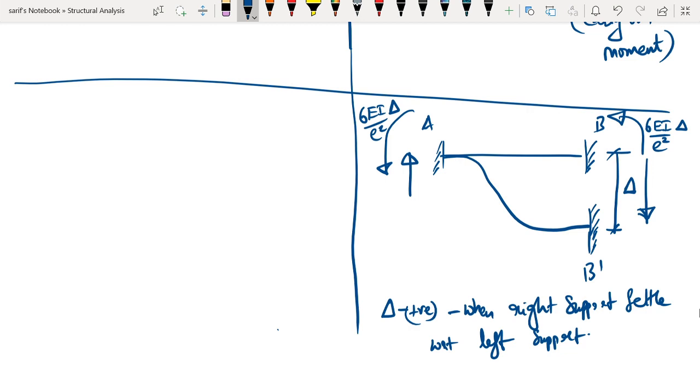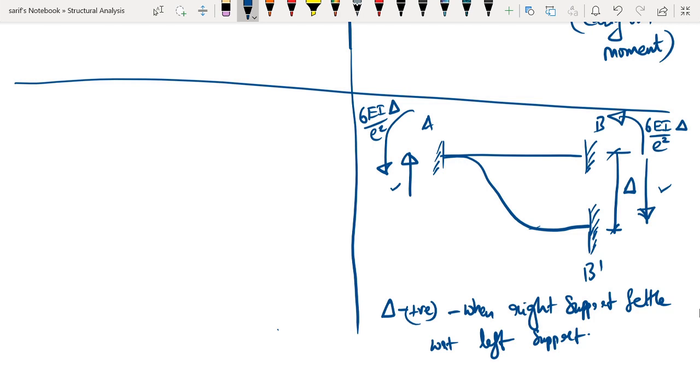So these are the different cases that we have to understand to do the derivation of the slope deflection equation. So once again, here what we considered is a beam in which the right support has settled with respect to the left support. So we found out the direction of the reactions first, and the reactions are forming a clockwise couple.